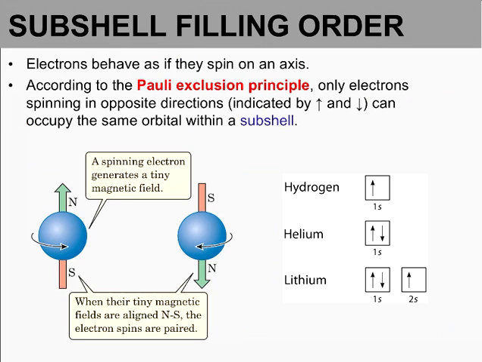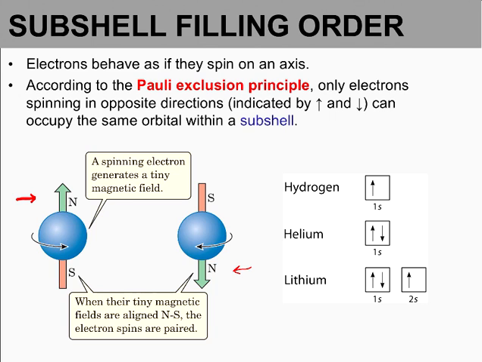If an electron is spinning in one direction, then, for instance, its magnetic field will point up. And if an electron is spinning in the other direction, its magnetic field will point down. So you can see here we have an electron whose magnetic field points up, and over here we have an electron whose magnetic field is pointing down.